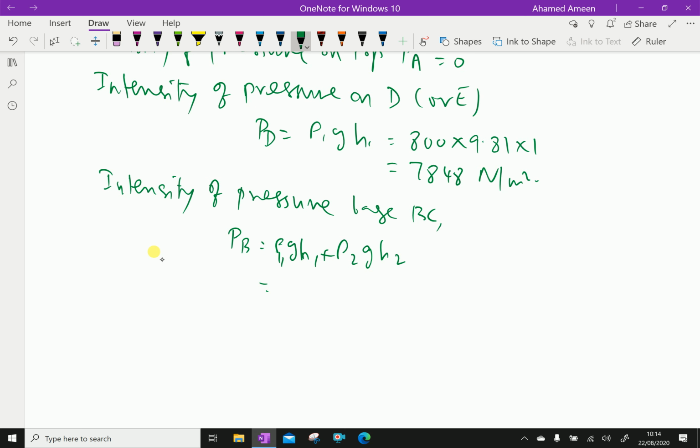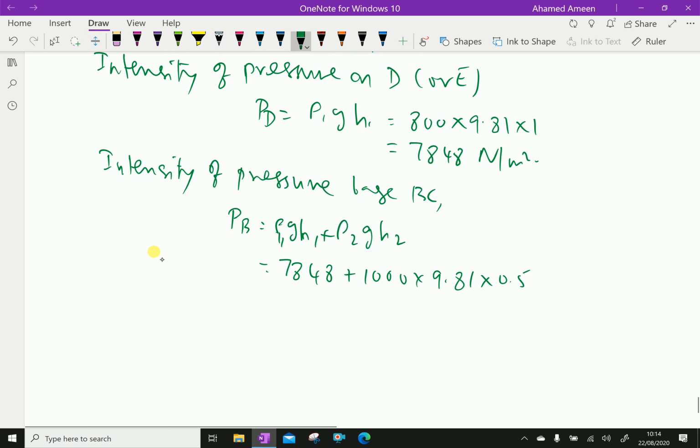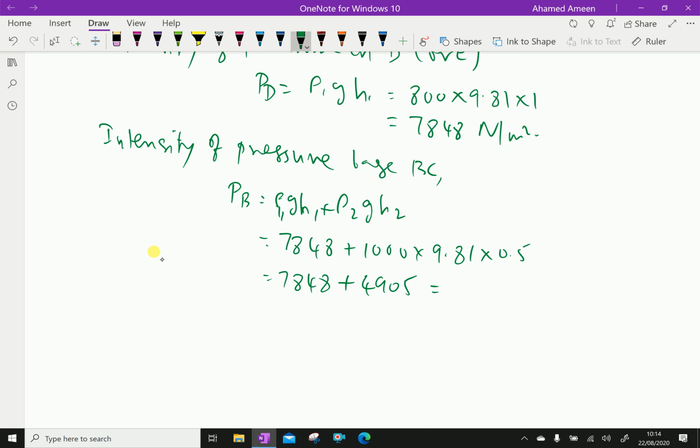Already rho 1 g h1 is 7848, plus water 1000 into 9.81 into h2, which is 0.5, that is 4905. Total equals 12753 Newton per meter square.